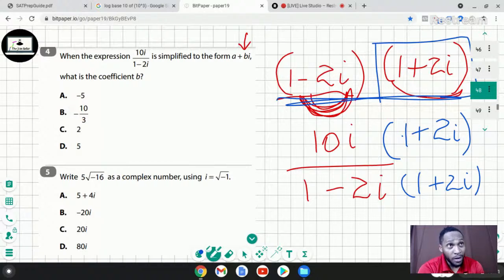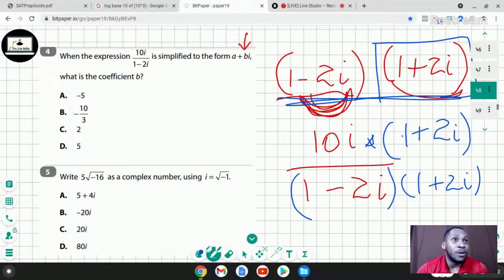So in this case, I didn't really do anything. I didn't change the value of the expression. So all I got to do is find whatever this is equal to, and that is equivalent to the original expression because I didn't change its value.